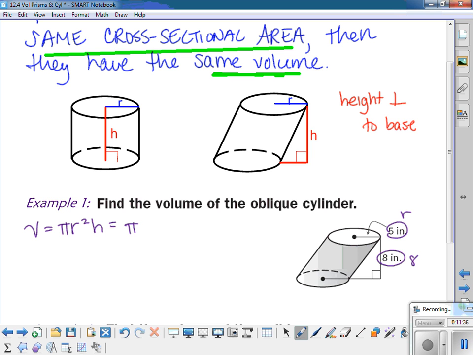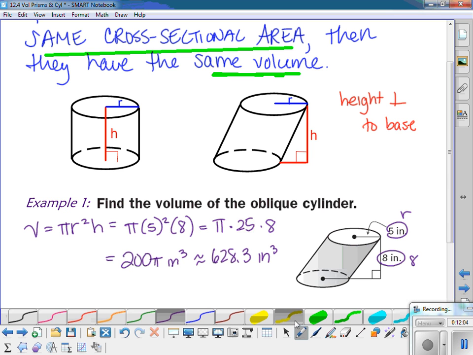So pi times 5 squared times the height of 8, or pi times 25 times 8, which is 200 pi, inches cubed. That would be the exact volume, and if you put that in your calculator, you get 628.3. Again, inches cubed. That would be the approximate volume.